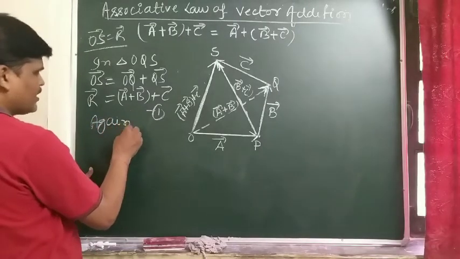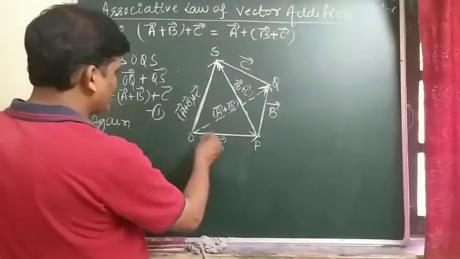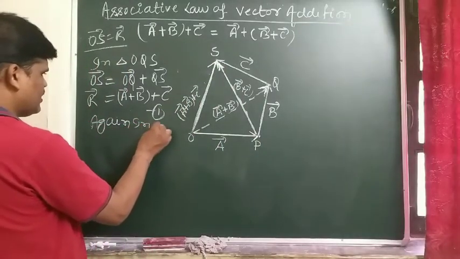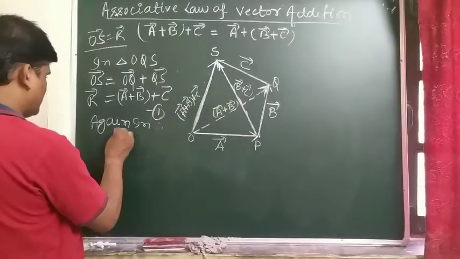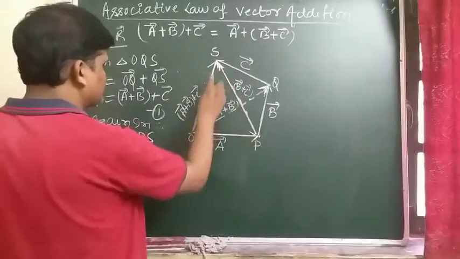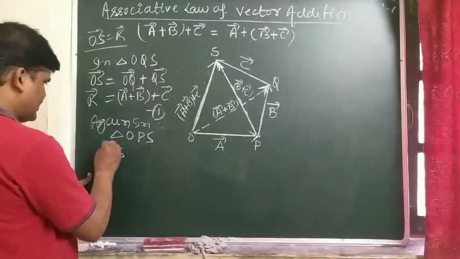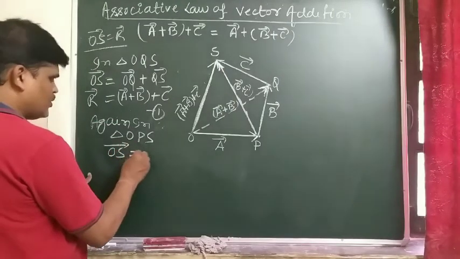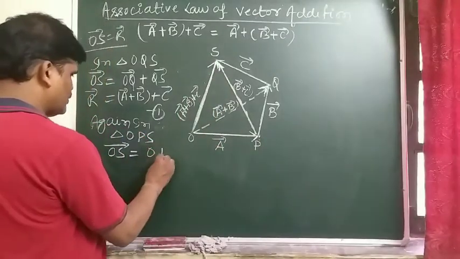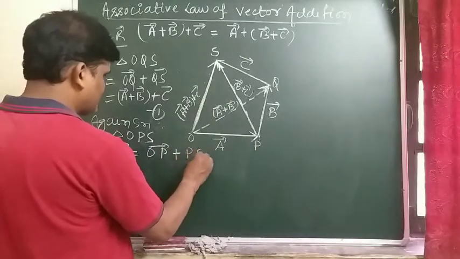Now we take another triangle, OPS. Again we use the triangle method: OS vector is OP plus PS vector.